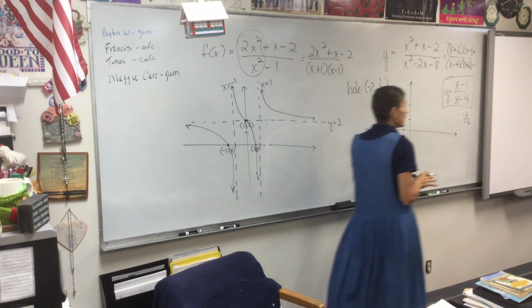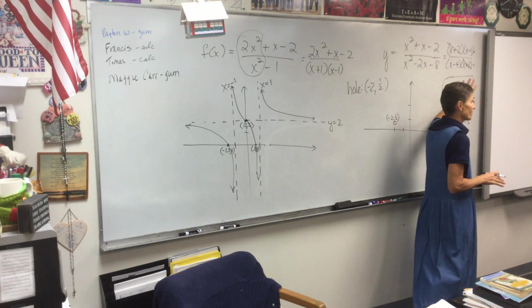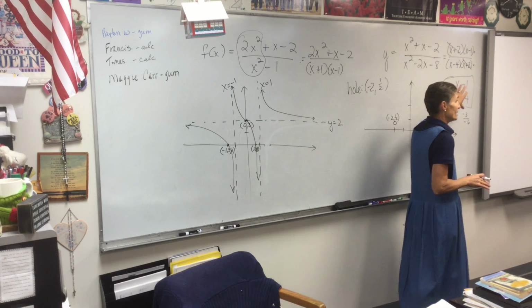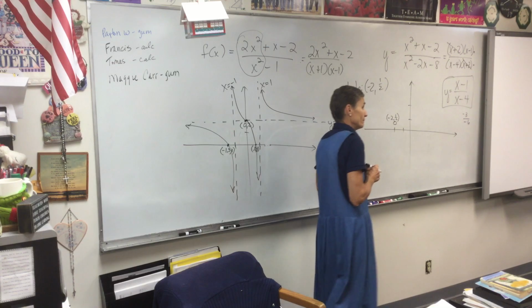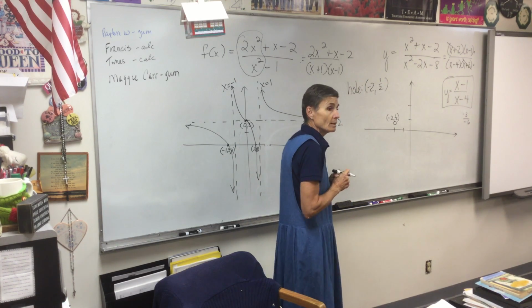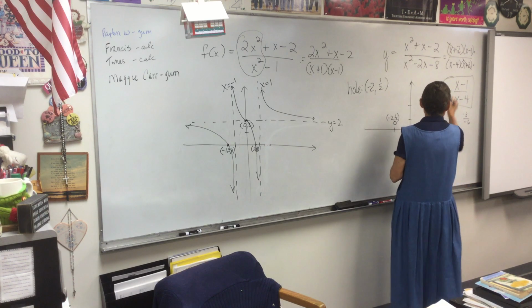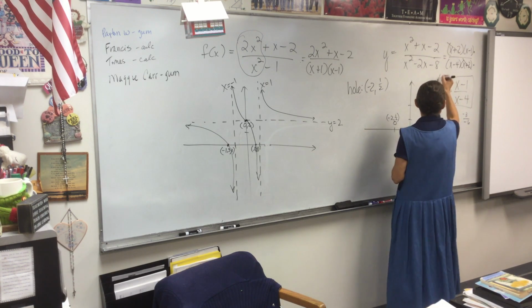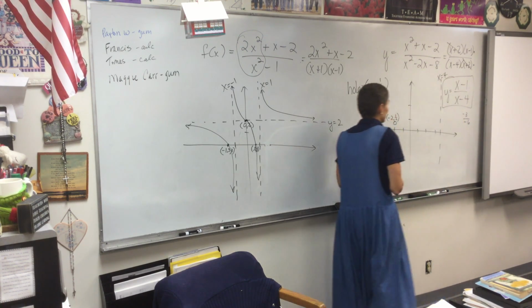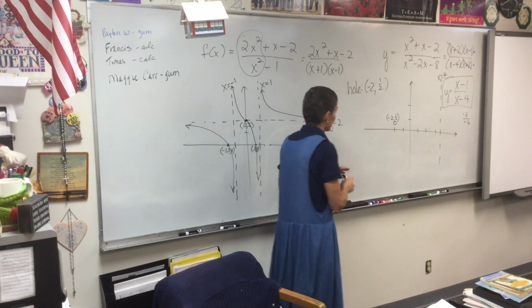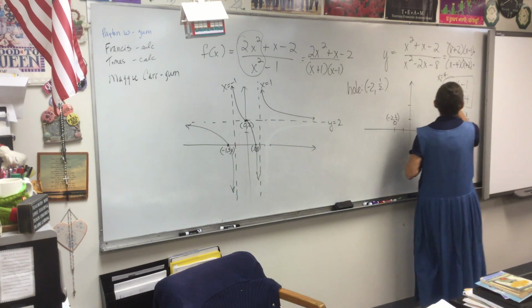Now for everything else, I want you looking at this right here. Look right here. So tell me, what else do we have? Vertical asymptote. We have a vertical asymptote at x equals 4. Let me erase my equation.